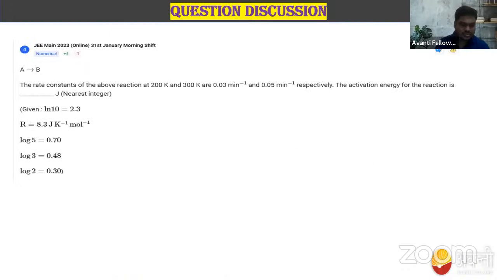Now, the next question is, A gives us B. The rate constants of the above reaction at 200 Kelvin and 300 Kelvin are given. At temperature T1, that is 200 Kelvin, the rate constant K1 is 0.03 minute inverse.